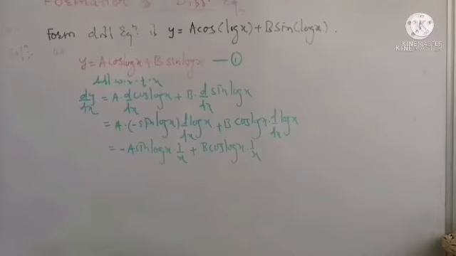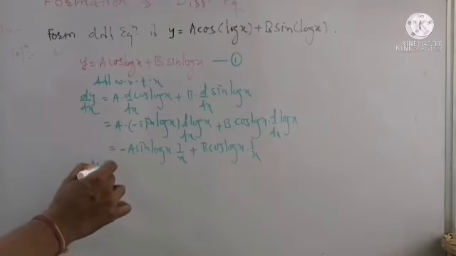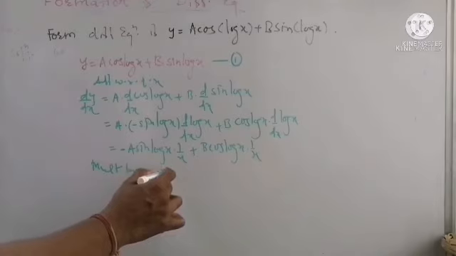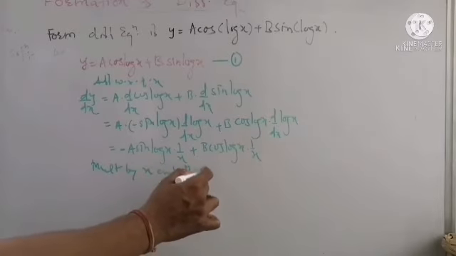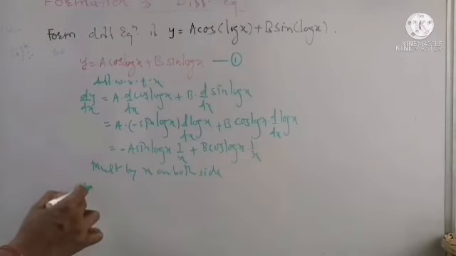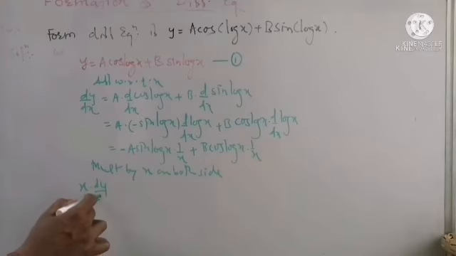Now we take one simplification by multiplying each term of this equation by x, multiplying by x on both sides. So on the left hand side I get x into dy by dx.